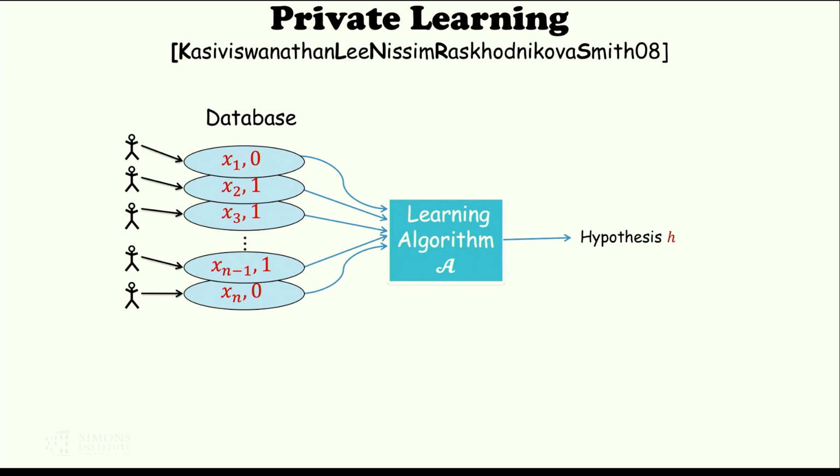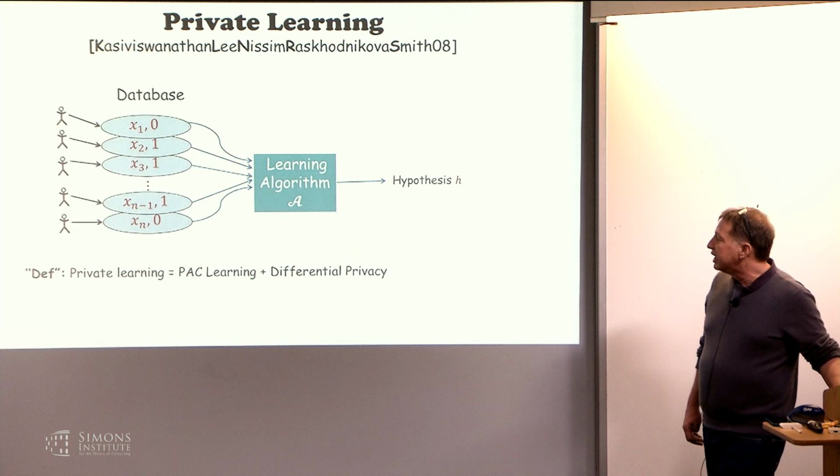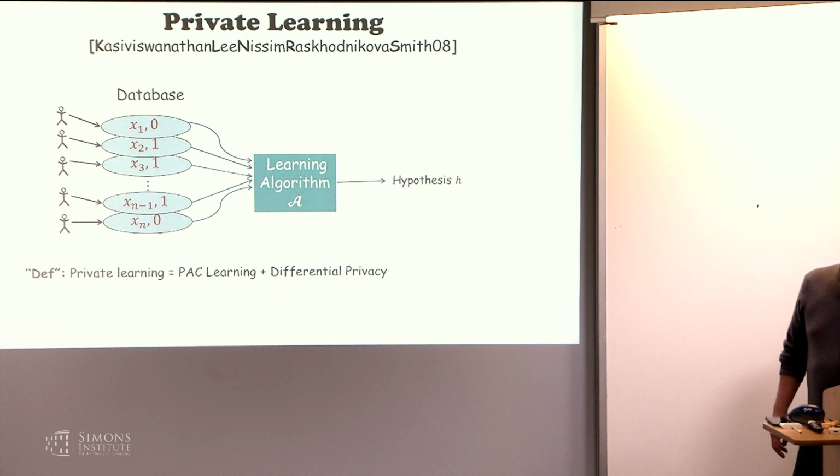We have a learning algorithm that produces a hypothesis, and we want the algorithm to be private. The hypothesis should be good on the distribution, and it should be differentially private, meaning that if we change one point, then the distribution of the hypothesis will be similar, epsilon-delta similar. So this is private learning in general.